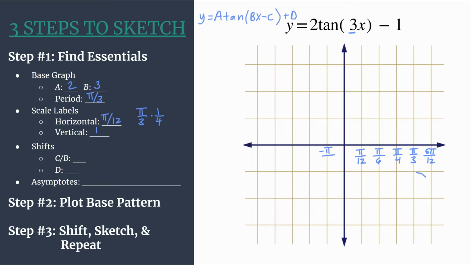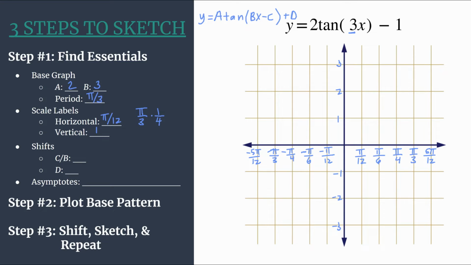So we'll label very similarly in the negative direction, just of course with negative signs. All right, got that taken care of. And now we'll label our vertical axis counting by 1s. All right.